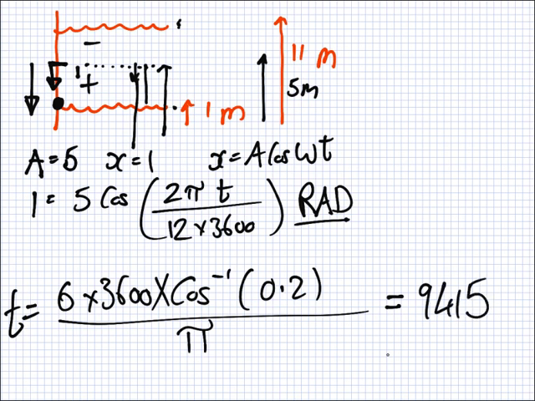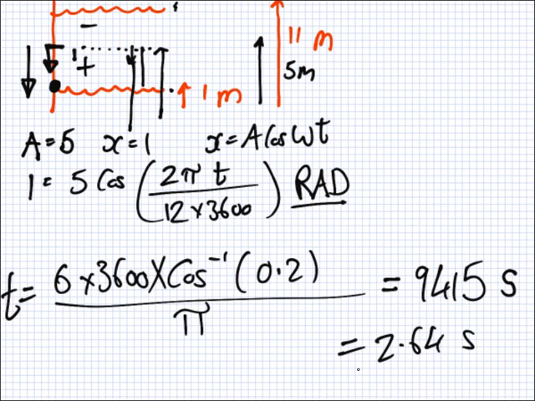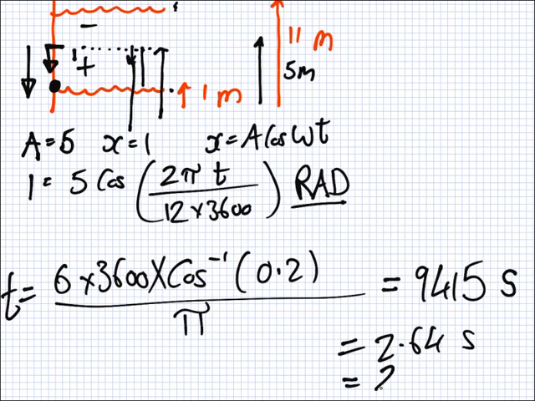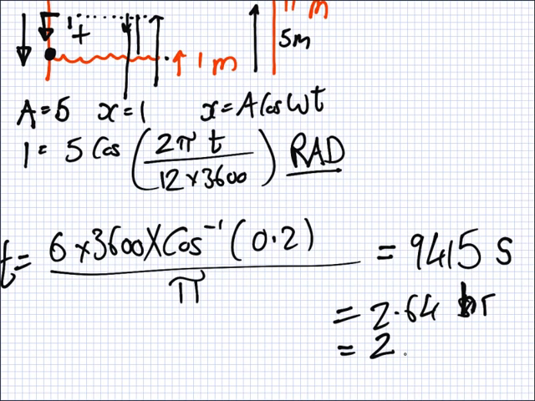Can you divide that by 3600? 2.61. Okay, can you take the 0.64 and multiply that by 60? 0.64 times 60 has to be less than 60. About 38. Sorry, just 2.62, I think, because there's 9.42. Yeah, 2:38 p.m.